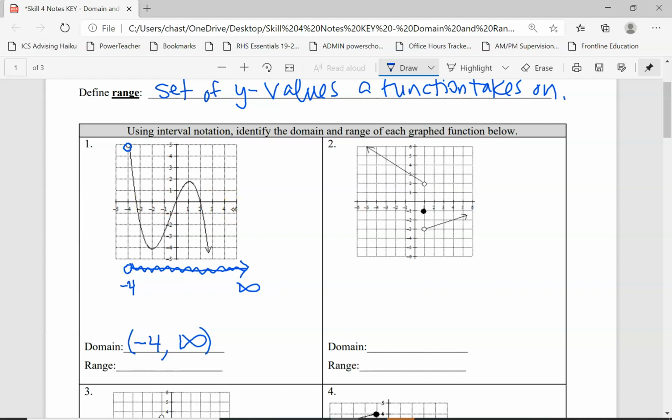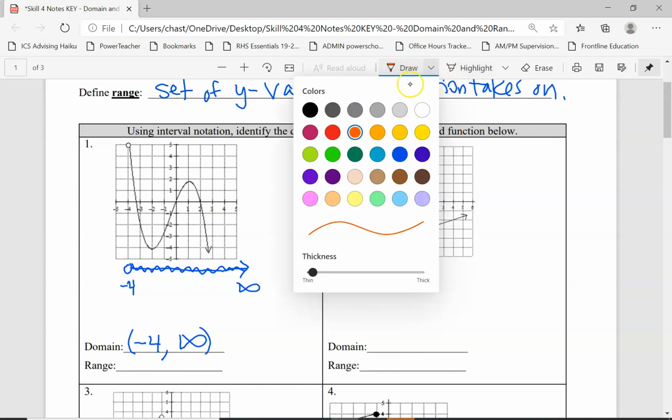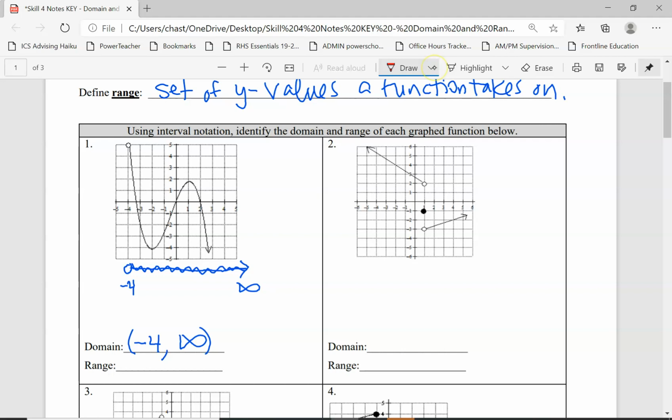Okay. Now let's talk about the range. When we talk about range, we're talking about the y values. So I'm going to look at the y values. Clearly we could see that along the y values we have a definite stopping point up here at 5.